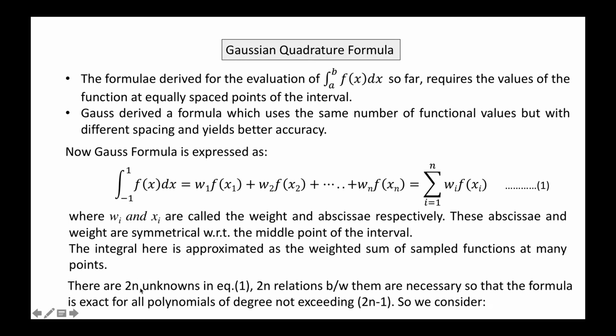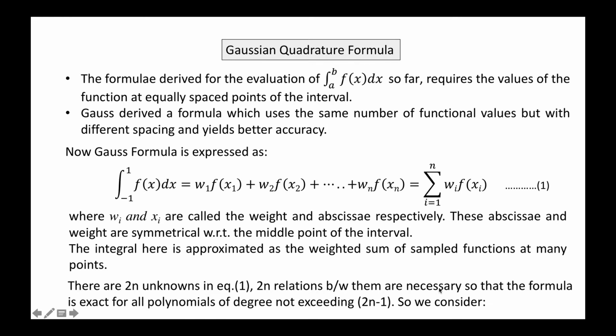Now there are 2n unknowns in equation number 1. The n unknowns are w1, w2, and so on up to wn, and the next n are x1, x2, and so on up to xn. So 2n relations between them are necessary.